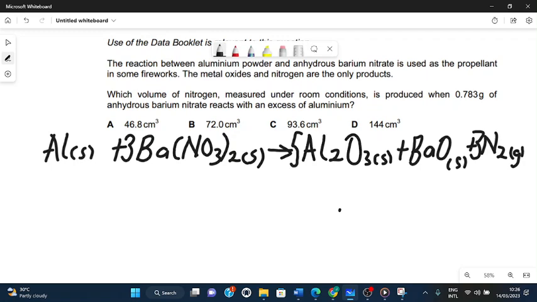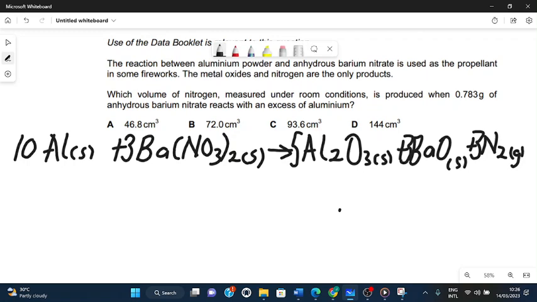Then I'll put 3 here, so oxygen will be 18. 5 times 3 is 15, plus 3 is 18. Oxygen is balanced now. Barium is 3 here, barium is 3 here, balanced. The only thing that's not balanced is aluminum. Aluminum is 10 here, so we'll put 10 here. So the equation is balanced. Fantastic.